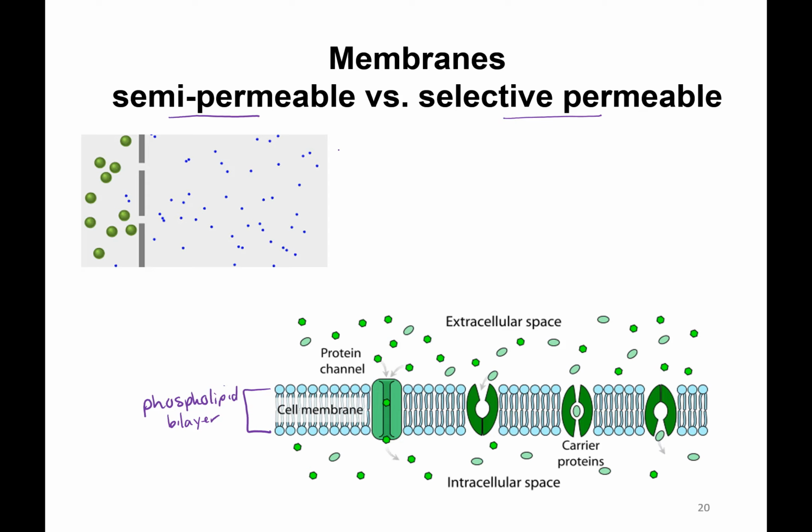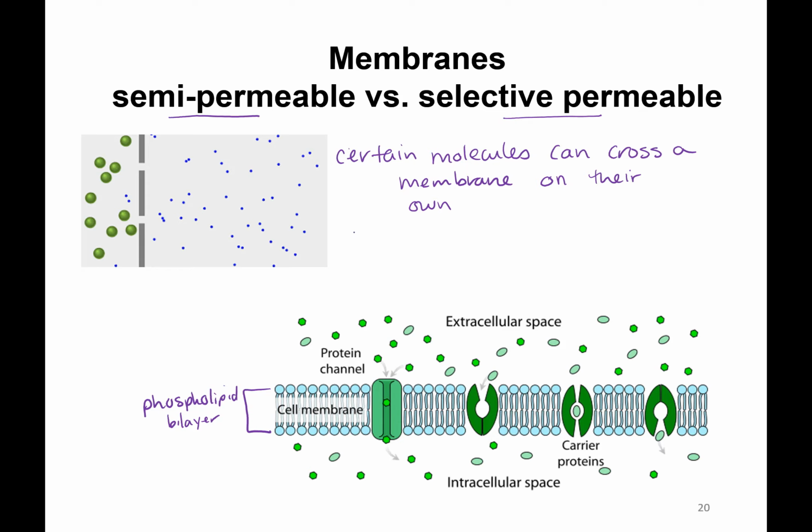Semi-permeable means that certain molecules can cross a membrane on their own. We're going to really talk about this in chapters 7 and 8, but again, I want to introduce these concepts to you.